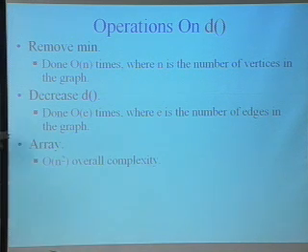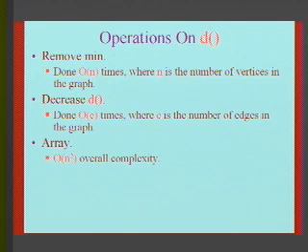And to do the decrease key, you look at an edge, you make a random access to the appropriate d and reduce its d value. So you do n remove mins, each taking n time, that's n square. You do e decreases, each decrease taking 1 time, that's e. And since the number of edges cannot be more than n square, your overall complexity is n square for Dijkstra's algorithm using an array. And that's typically what you would have seen in an undergraduate data structures class.